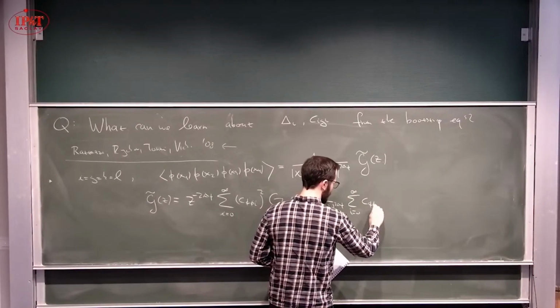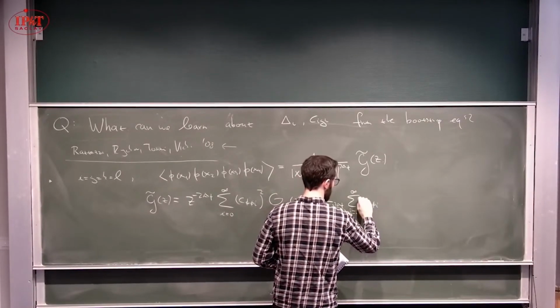The i equals 0 term always for me is meant to be the identity operator.